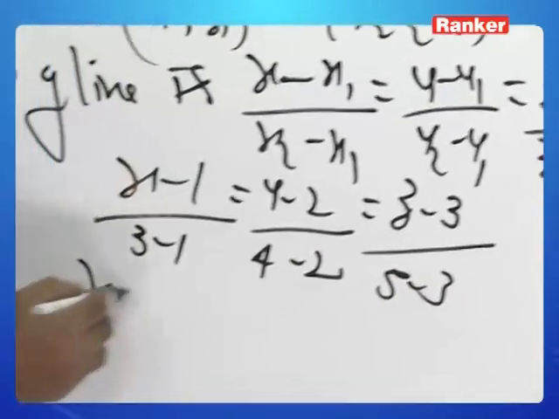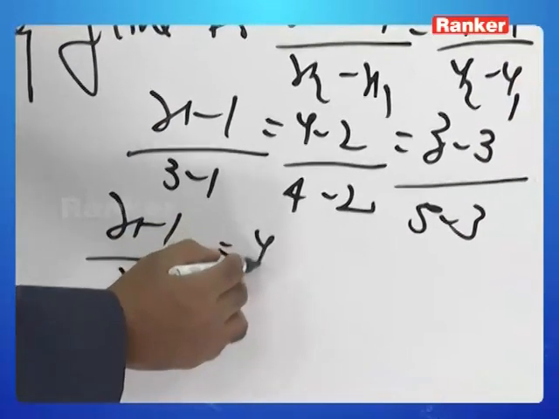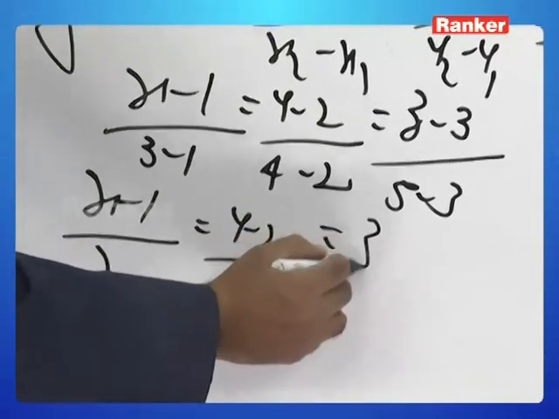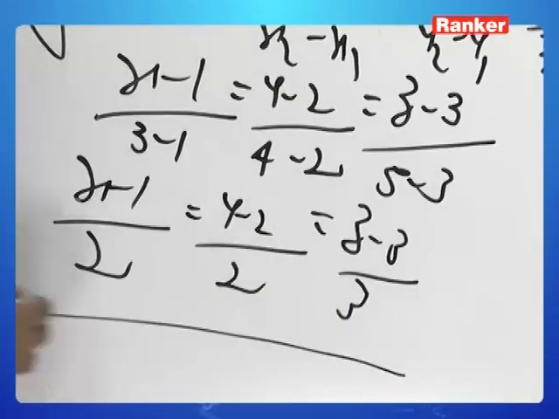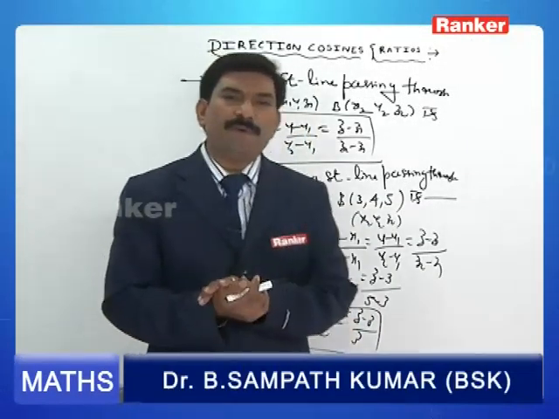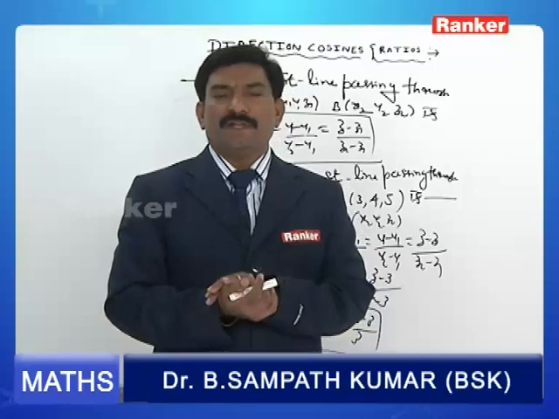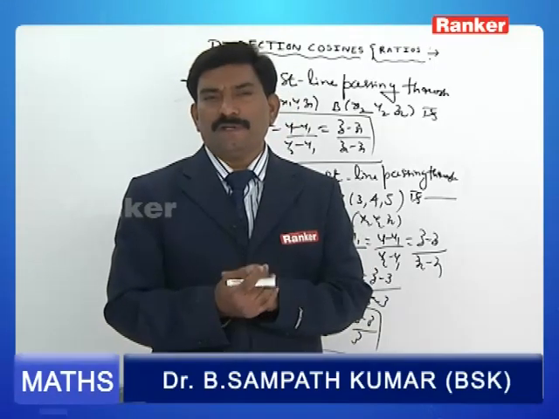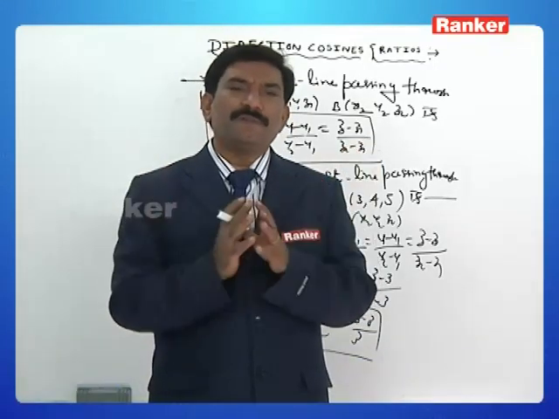So therefore I can write (x minus 1) by 2, (y minus 2) by 2, (z minus 3) by 2 is the equation of a straight line passing through 2 points, that is A of x1, y1, z1 and B of x2, y2, z2.